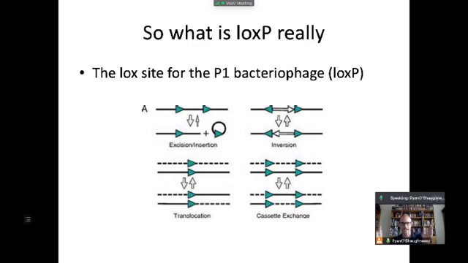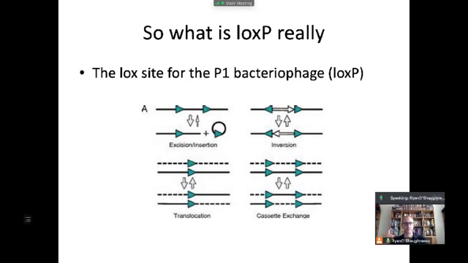Typically, you cut the part of the DNA that's between those two LOX-P sites, and that's typically what happens in a Cre-Lox knockout. Other things can happen. You can invert the DNA that's within those two LOX-P sites. We can translocate DNA from other locations. So if you have 4 LOX-P sites, you can cut out pieces of DNA and then flip them round.